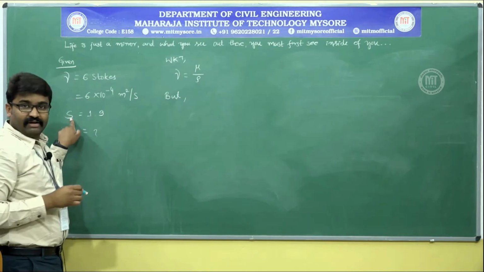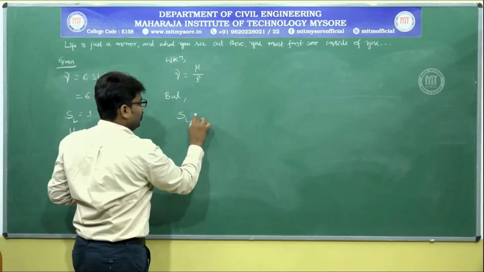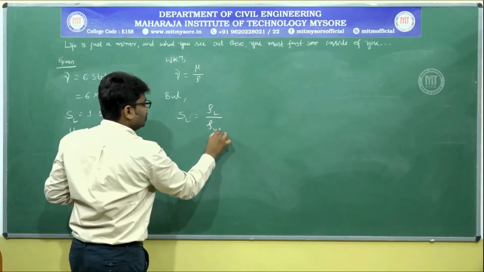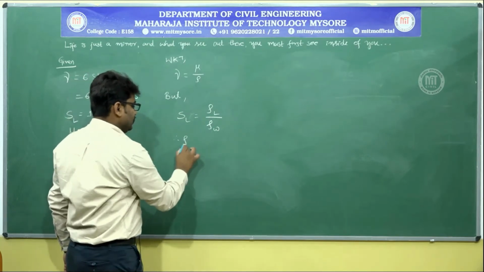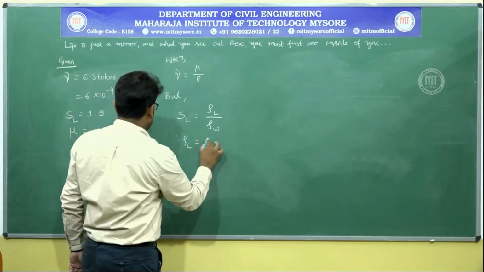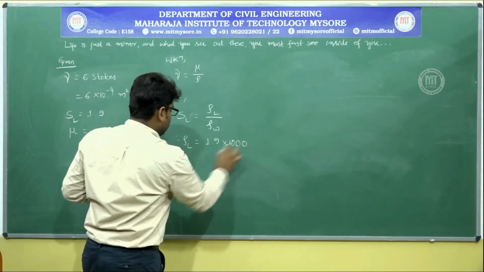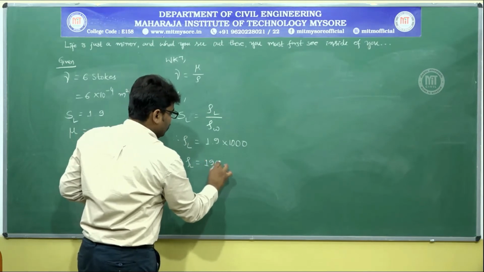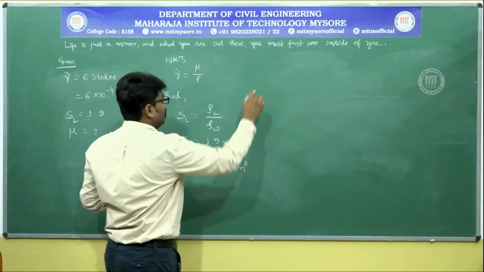Specific gravity of the given liquid is equal to density of given liquid by density of standard liquid, that is water. So, density of given liquid is equal to 1.9 into 1000. Therefore, density of the given liquid is 1900 kg per meter cube.